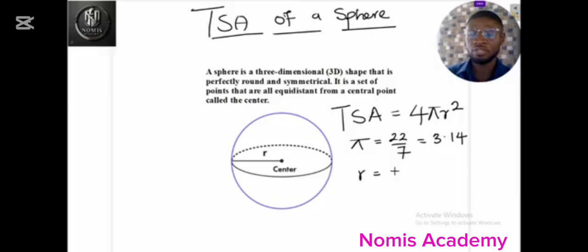You know what the radius is: the line that is drawn from a point on the circumference to the center of the circle. So these are what are contained in the formula to calculate total surface area of a sphere.